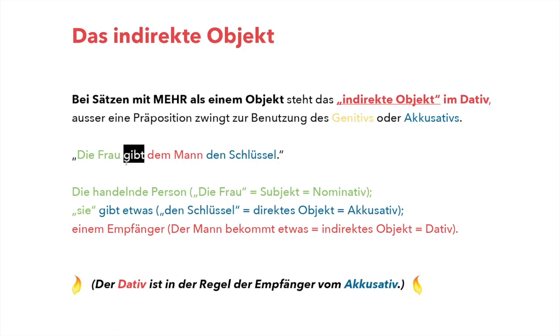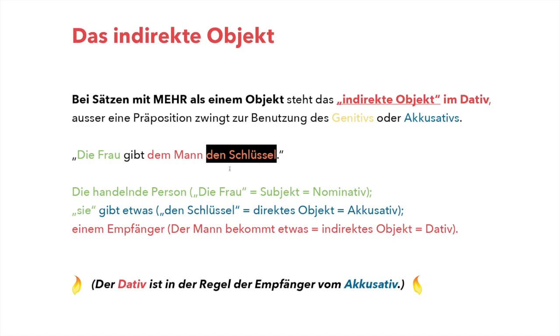Giving is our verb expressing the action. And then, what is she giving? Wen oder was gibt das Subjekt? What is the subject giving? It's giving the key. And here we use the direct object in Akkusativ, den Schlüssel. Here we go. Die Frau gibt den Schlüssel.